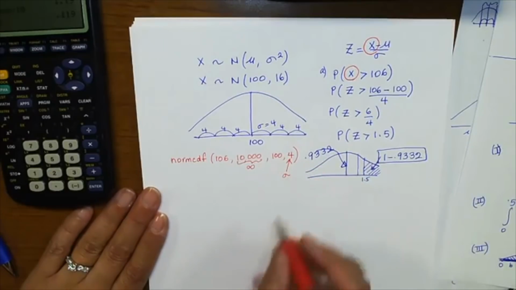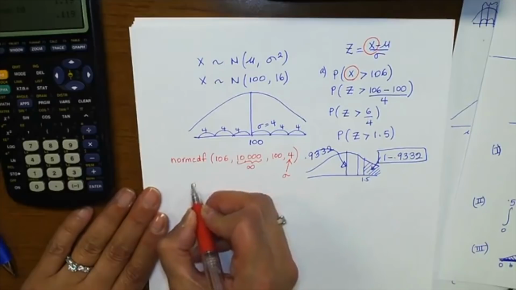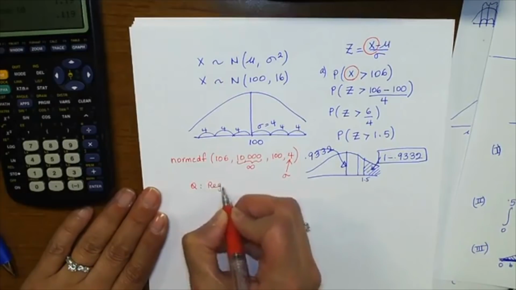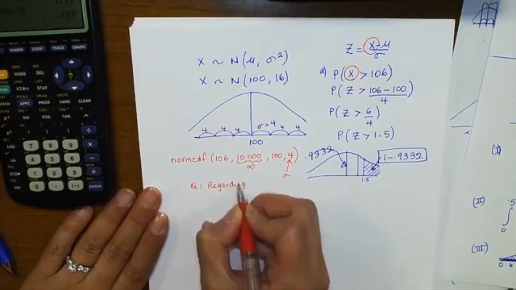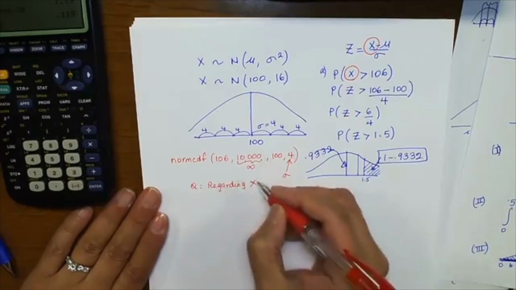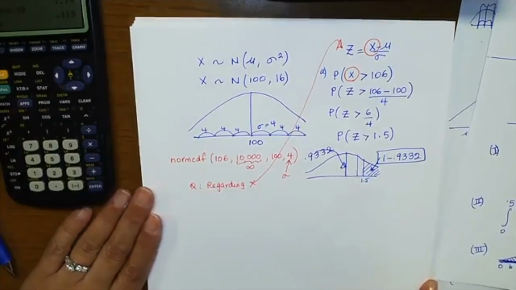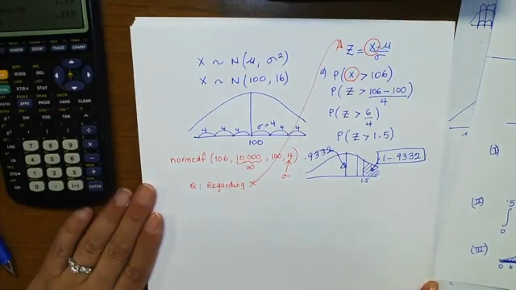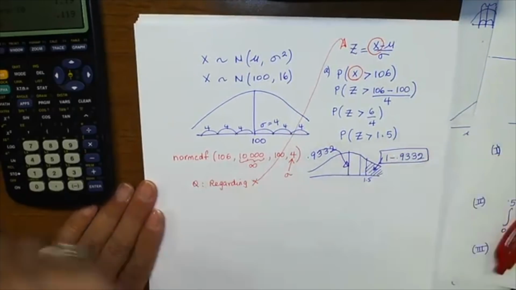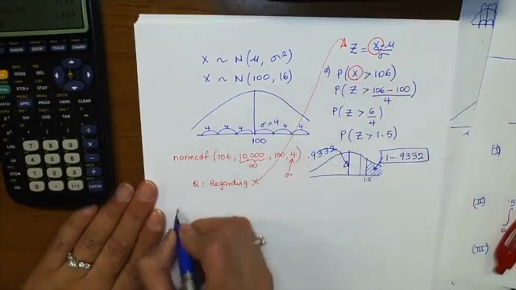Just plain sigma, because the question is regarding x. The question was regarding x, so I used z equals x minus mu over sigma. Get it?